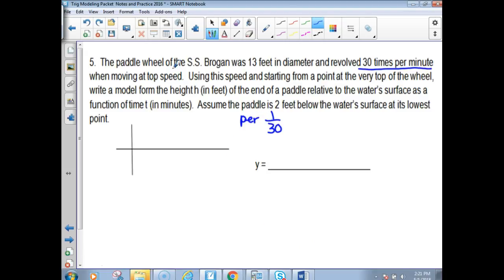Using this speed and starting from a point at the very top of the wheel, write a model for the height in feet of the end of the paddle relative to the water surface as a function of time. Assume the paddle is 2 feet below the water surface at the lowest point.